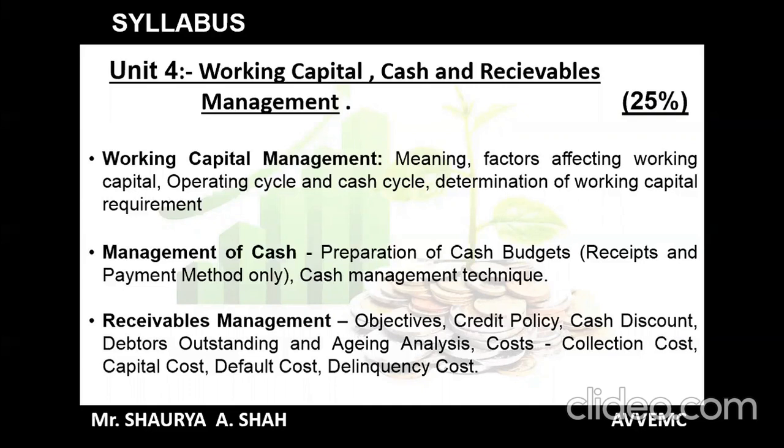You need to prepare a cash budget. In your home also, you are getting certain money for household expenses and preparing a budget for it. Even in the country, the government prepares a budget for revenues and expenses. You need to study how receipts and payments are managed in a business and the cash management techniques for it. I hope every student is a cash manager right from childhood.